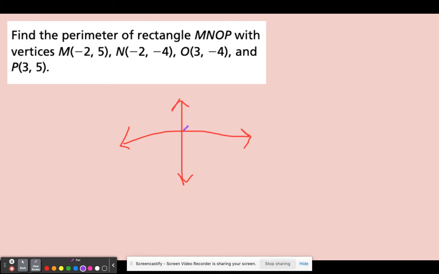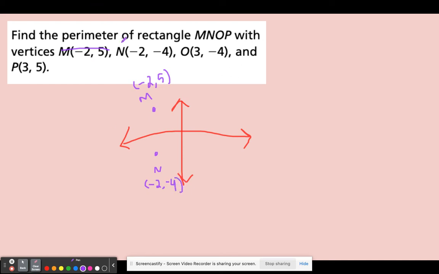So -2 means go backwards 2. +5 means go up 5. So here's M, which is -2, comma 5. All right, so I'm going to label it. The next one is N. It says go backwards 2, down 4. Okay, so backwards 2, down 4.